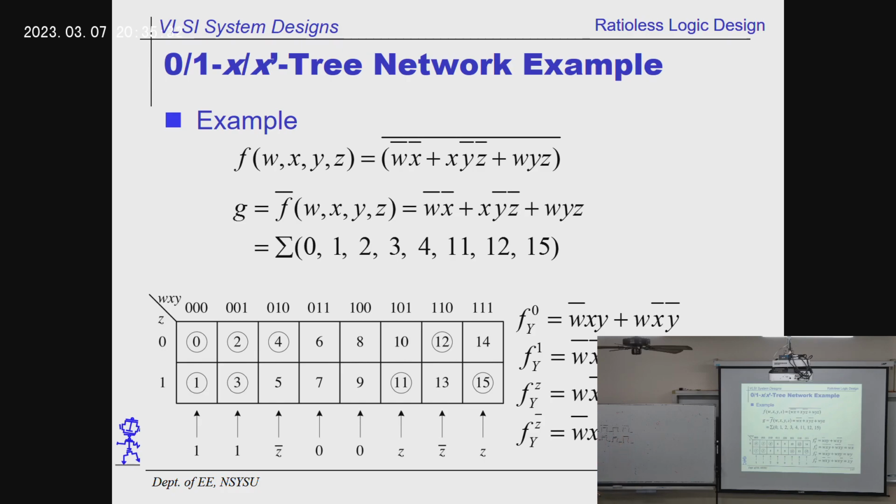This is W bar, this is W, and then X, Y, X bar, Y bar. And their inputs are both the same, that is 0. And the outputs are the same, going to be ready.